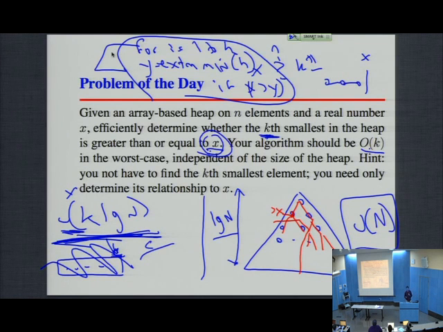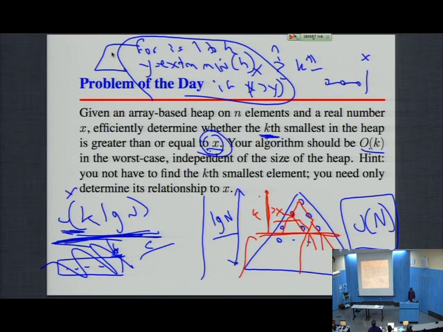Any other ideas how we might find the kth largest element in the heap? Back there, yes. Okay, so now we've got another idea, which says that the kth largest element can't be below the kth level. Why is that?